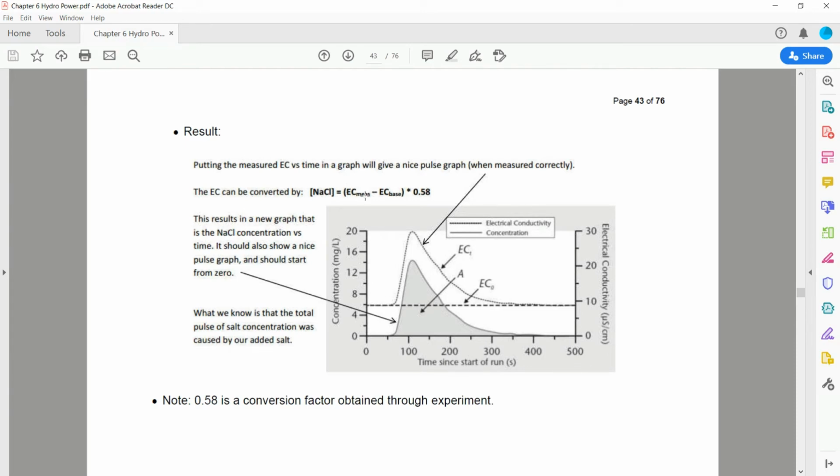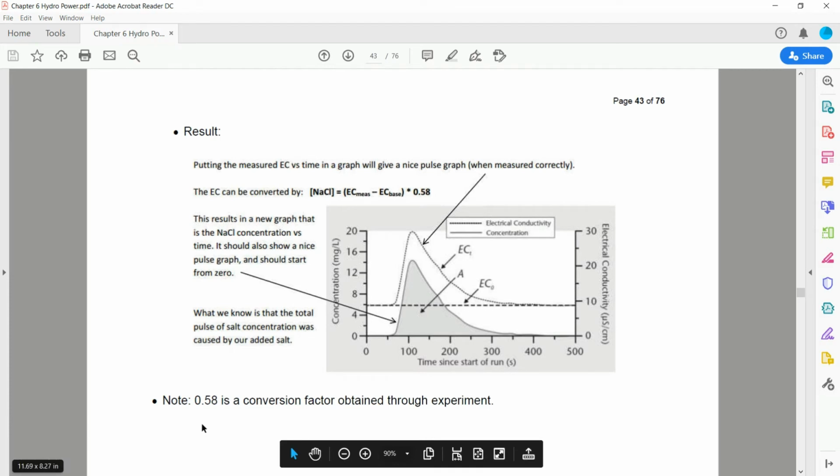So EC measured minus EC base, and you will get this area. Multiply with 0.58. 0.58 is a conversion factor obtained through the experiment. So this is the factor for the salt dilution.